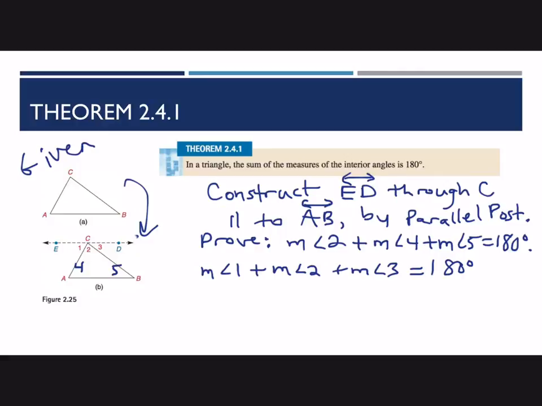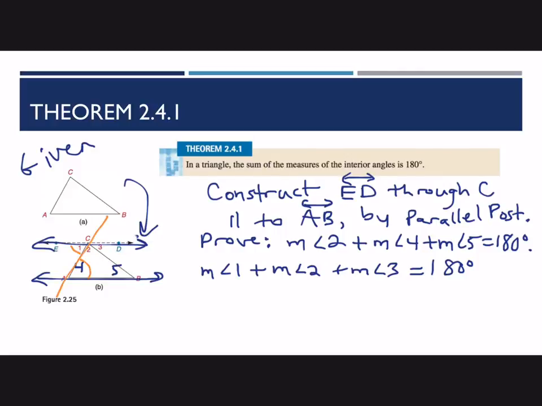One of the things that's convenient now is that we know ED and AB are parallel, so we could bring in any facts we have about parallel lines, so start thinking about corresponding angles, alternate interior, consecutive interior, alternate exterior, etc. One of the pairs that are related would be 1 and 4.